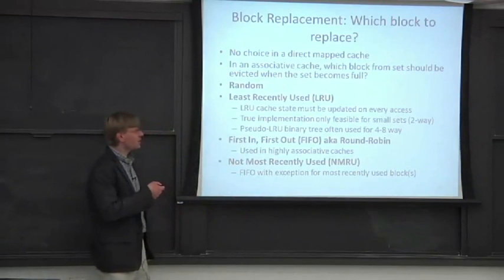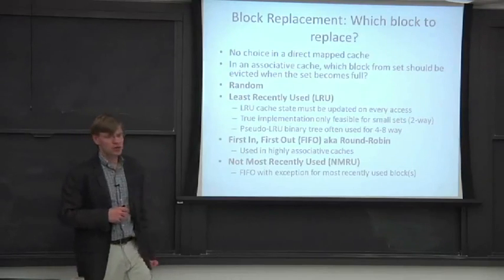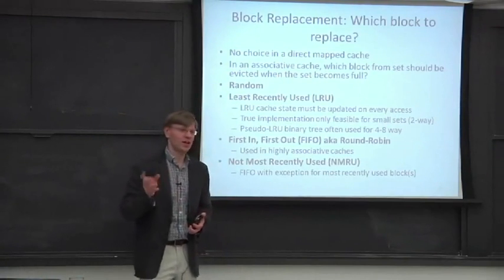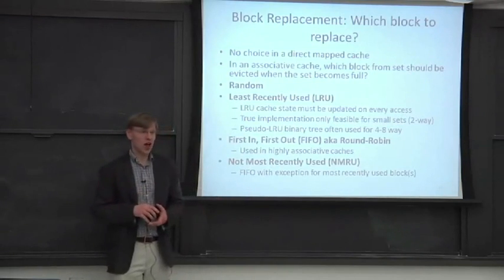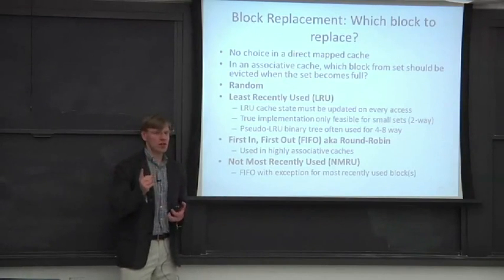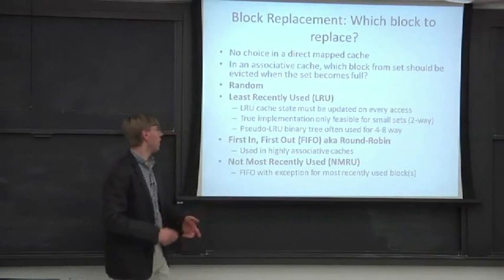So you need some cache state that needs to be updated relatively often. Plenty of people do that, though. If you have a least recently used piece of information, we have an extra bit on each cache line. You can think about flipping that back and forth and having one bit for that information, and every single load and store actually sets that bit, and lots of processors do that.